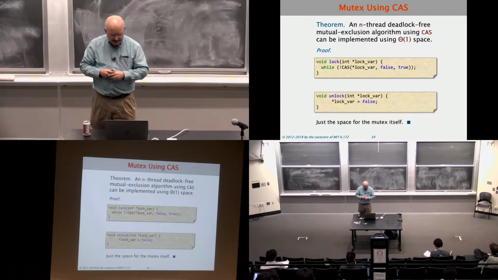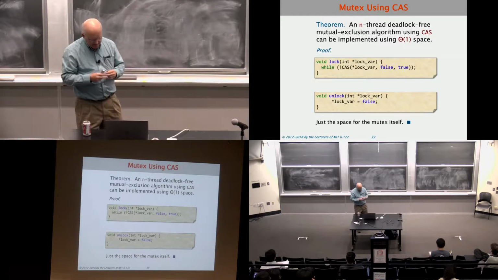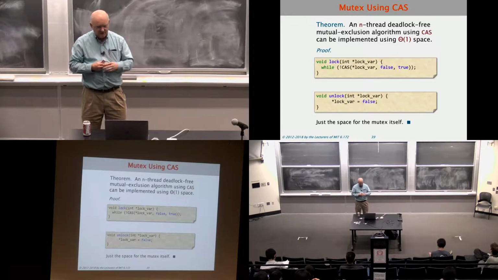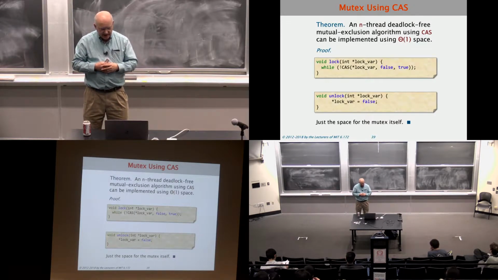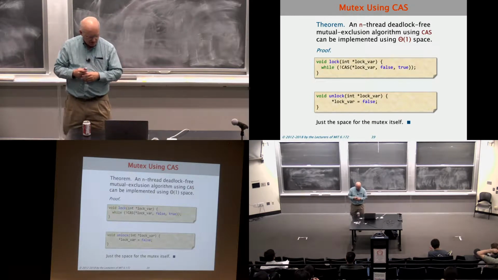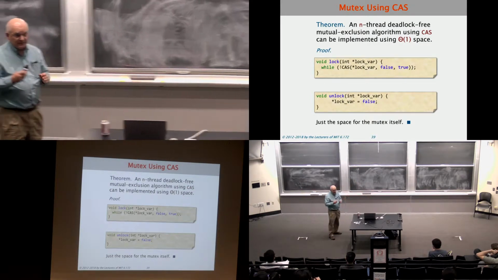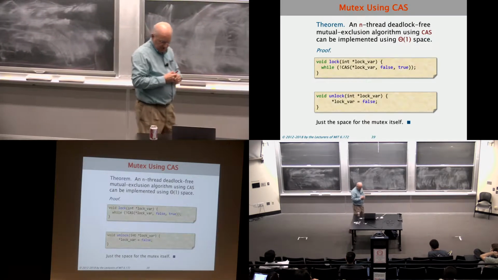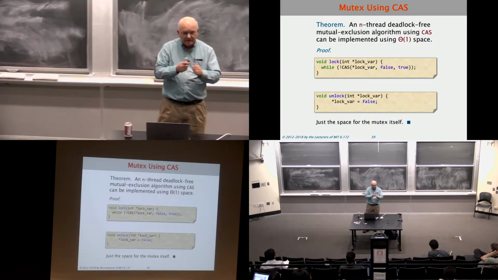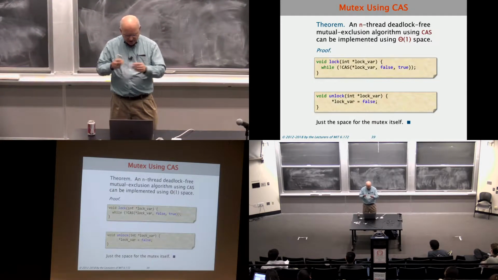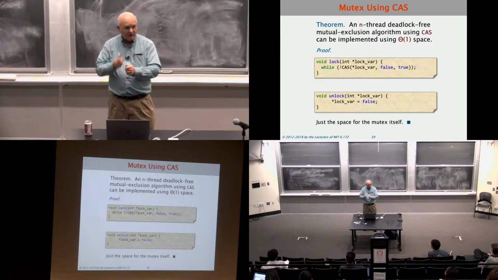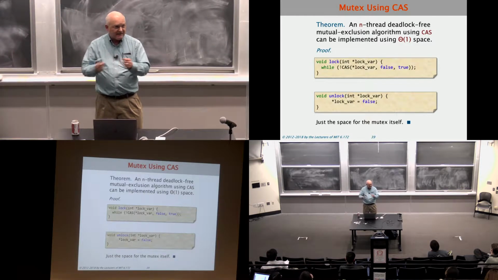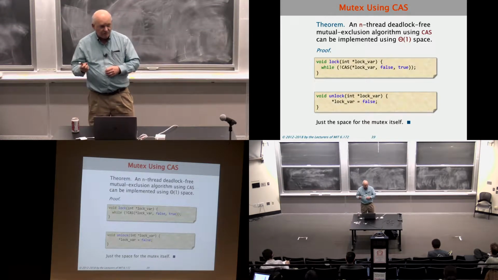So it turns out that you can do an n-thread deadlock-free mutual exclusion algorithm with compare and swap using only constant space. And here's the way you do it. So the lock, and this is basically just the space for the mutex itself. You take a look at the lock instruction, and what you do is you spin, which is to say you block, until you successfully swap in true.